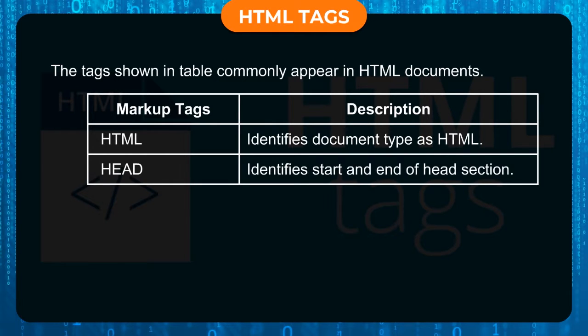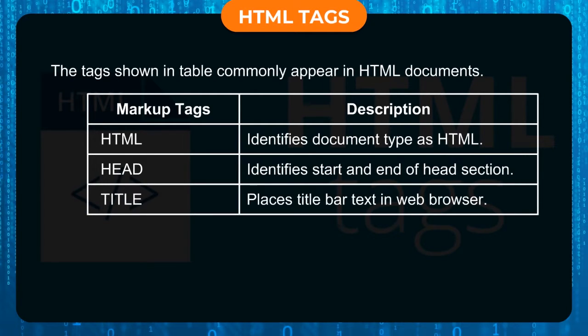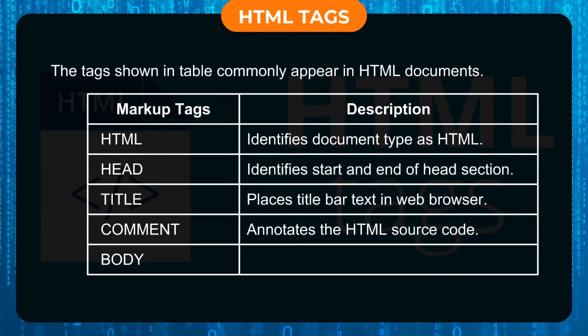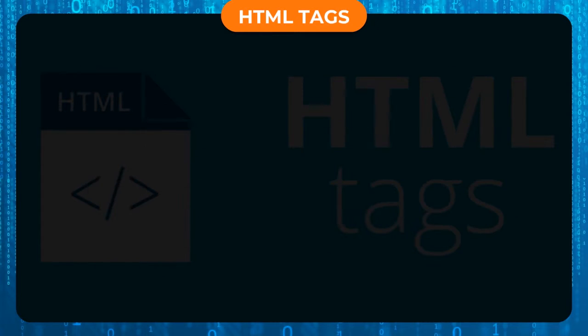Head identifies the start and end of the head section. Title places title bar text in the web browser. Comment annotates the HTML source code. Body identifies the main section of the web page.